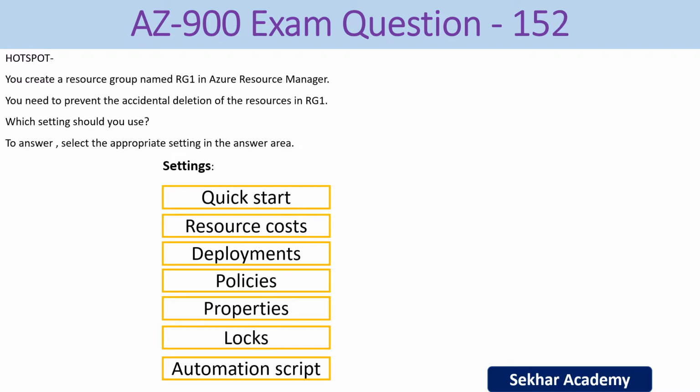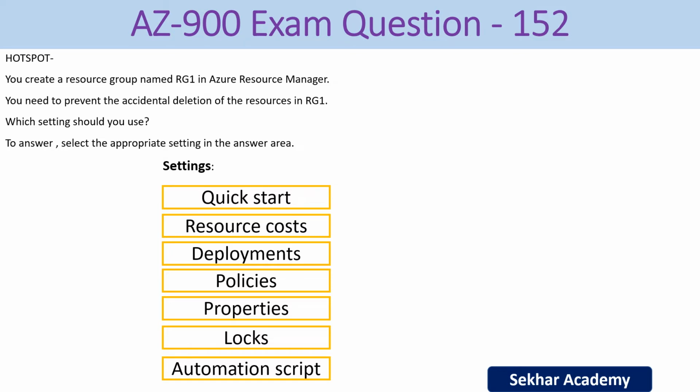AZ-900 exam question number 152. You create a resource group named RG1 in Azure Resource Manager. You need to prevent the accidental deletion of the resources in RG1. Which setting should you use? To answer, select the appropriate setting in the answer area. So here are the options: quick start, resource cost, deployments, policies, properties, locks, automation scripts, right?